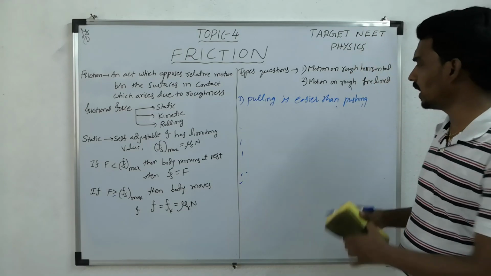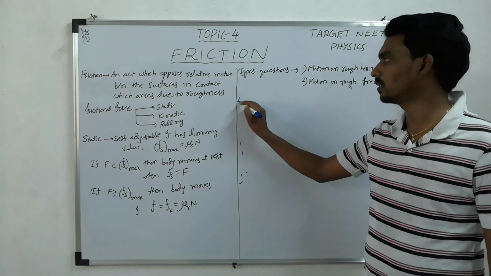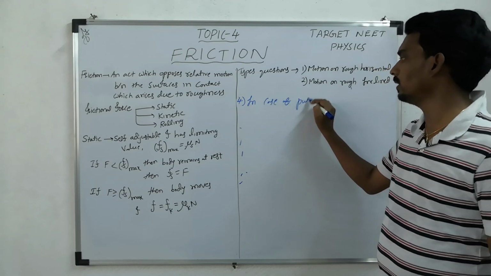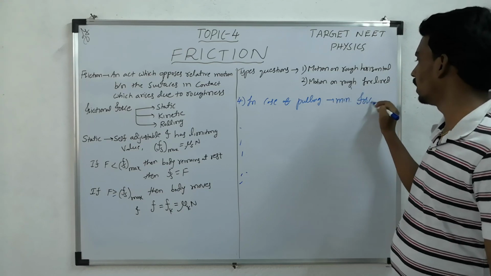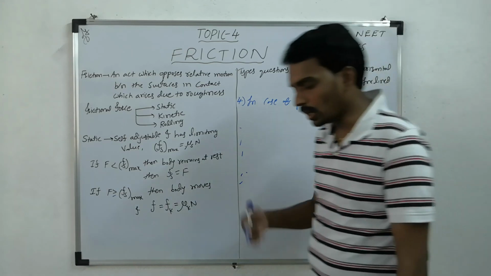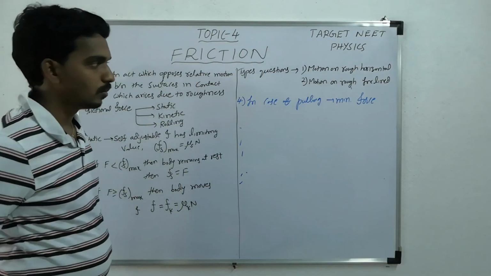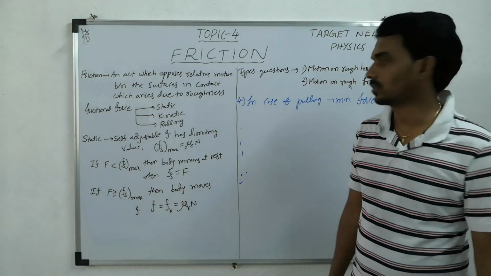But in case of pulling only, one more question they can ask you, that is the minimum force. In case of pulling, the minimum force required to pull the body. At what angle you have to pull so that the body moves under the condition of minimum force.